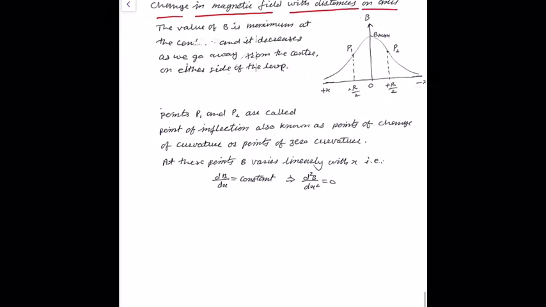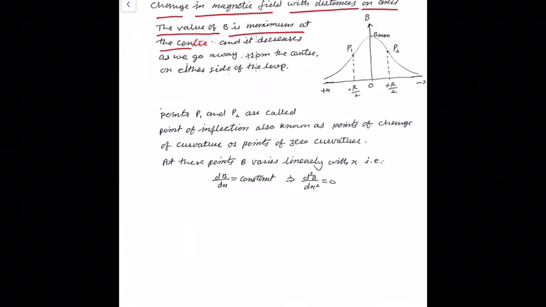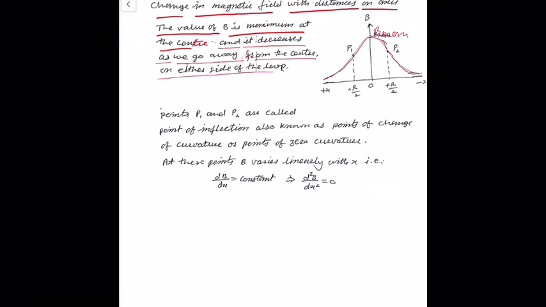Next, change in magnetic field with distance on axis. The value of B is maximum at the center, here B maximum, and it decreases as we go away from the center on either side of the loop.